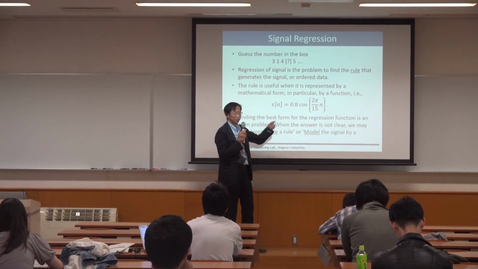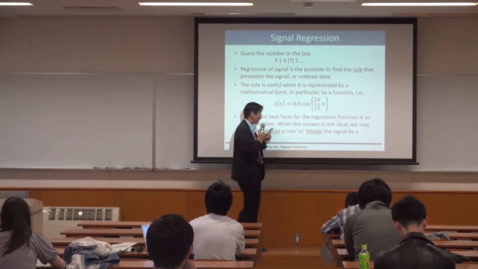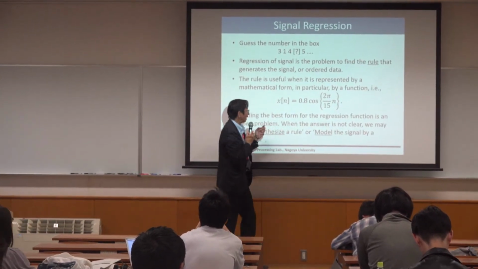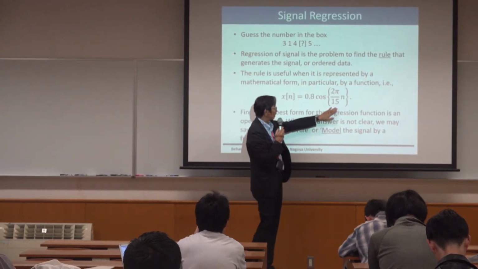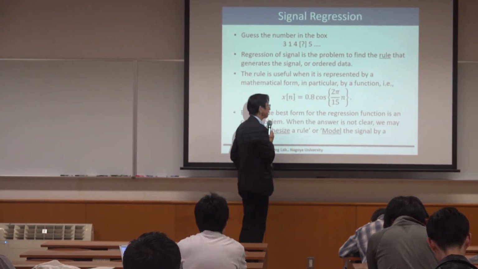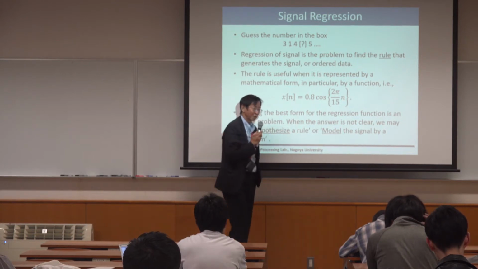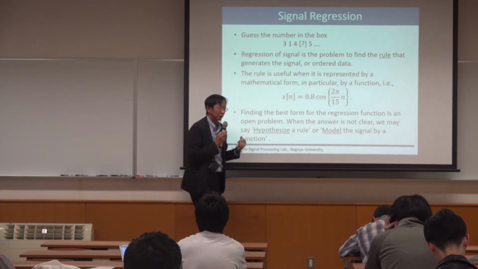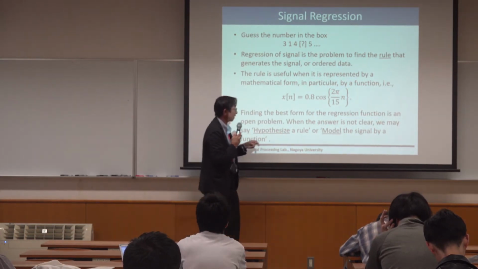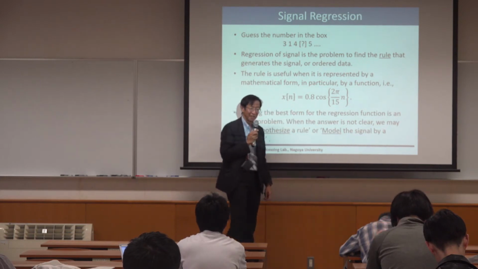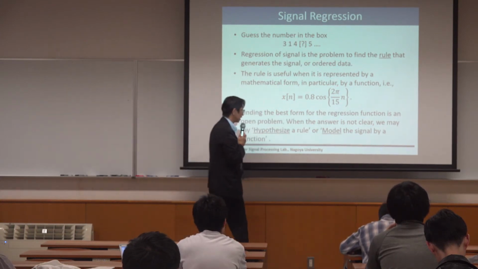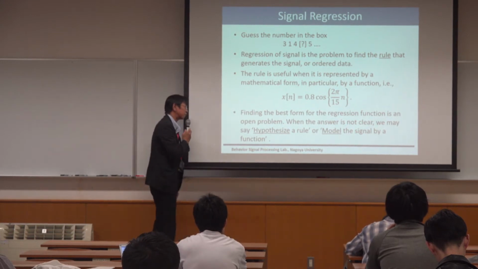Pi is a very complex number, not complex in the mathematical meaning. So when you can write the data like this, cosine 2 pi over 15 times n multiplied by 0.8, then you can easily expect what the number will be when n is 128, for instance. This is not an easy case, but an easier case is probably a combination of polynomials.